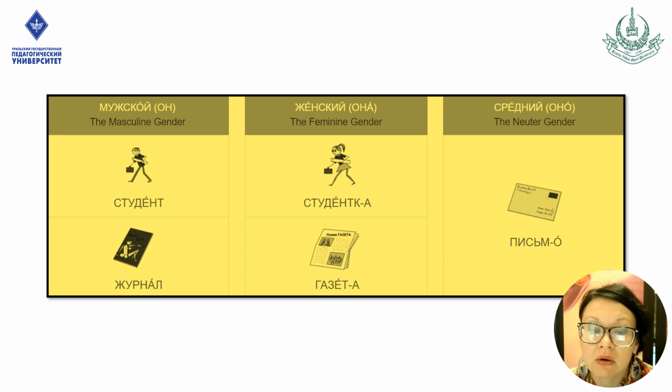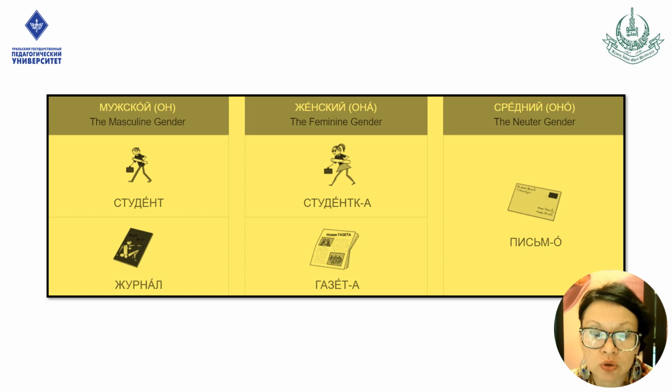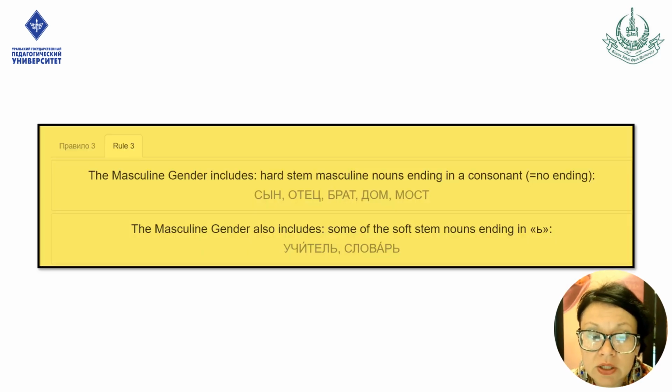So consonant endings correspond to masculine gender, the vowel a corresponds to feminine gender, and o endings correspond to neuter gender. Right, so let us see the basic rules.